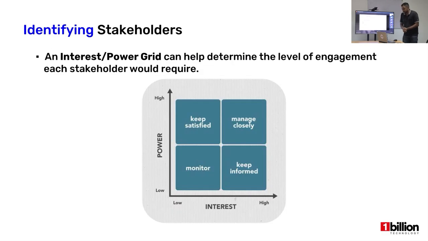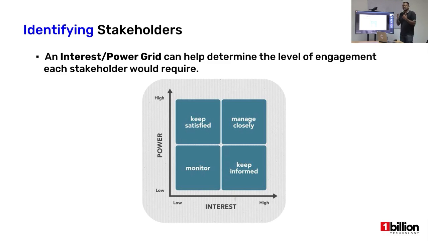All right, so in the next slide we talk about something called the interest power grid. This is what I mentioned in the slide where I had listed down the considerations when it comes to authority and capabilities. The power and interest are pretty much that. And as you can see here, the level of engagement can be determined.